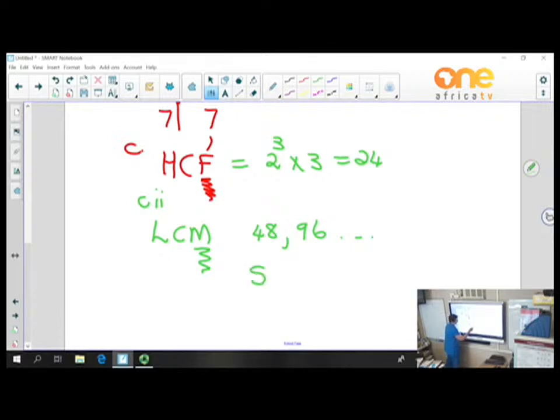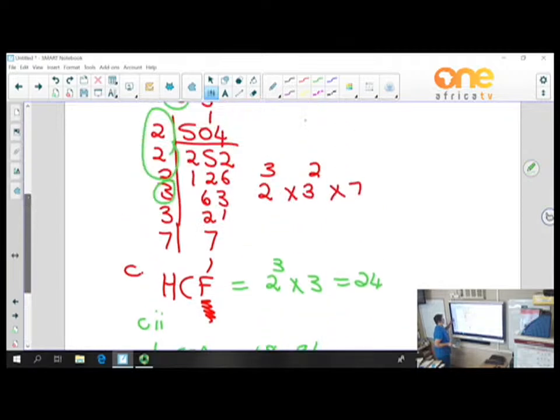And then we also have to get the LCM of 504. So you will also keep on getting multiples there. Now the answer for that one is this one. So it is 1008.